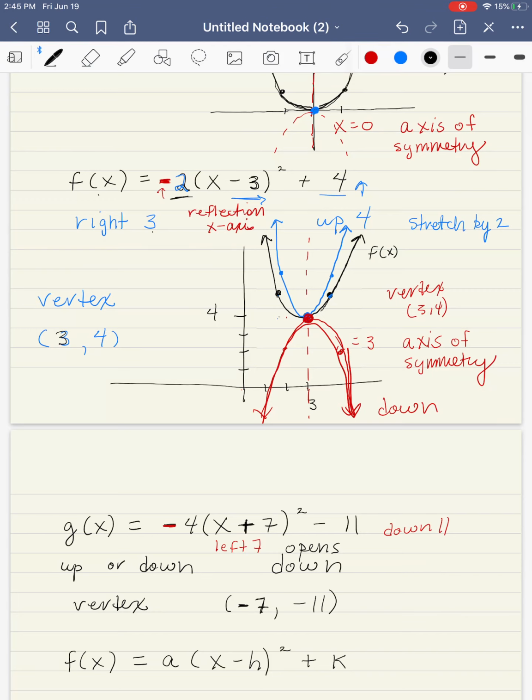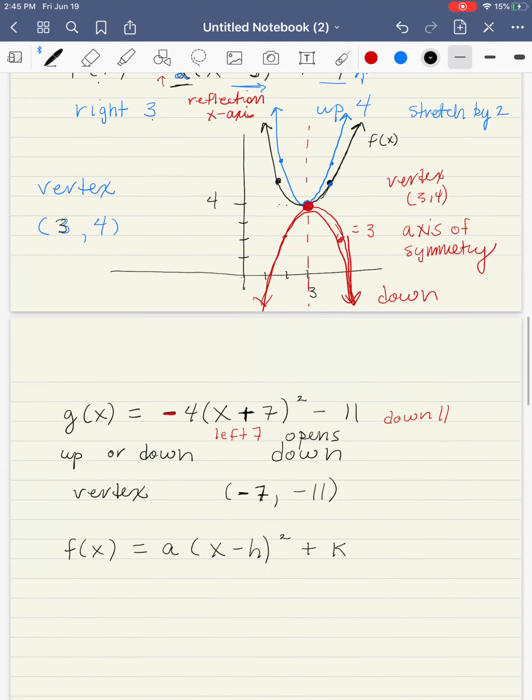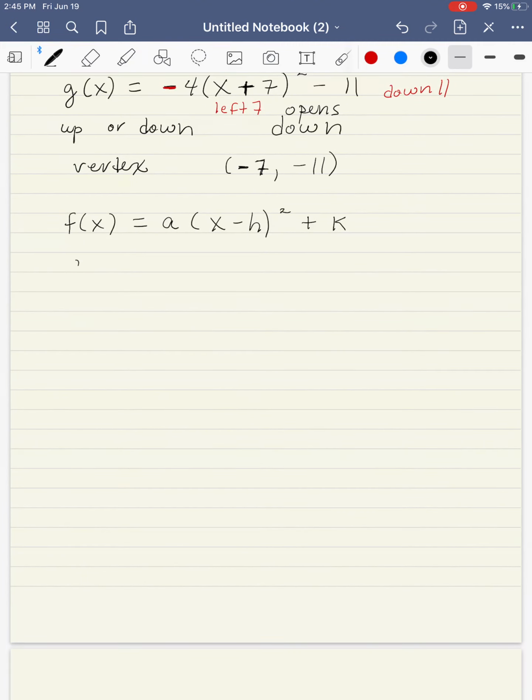And as we saw in our previous examples, when the number out front here, the a, was negative, it opened downwards, and when the a was positive, it opened upwards. So if a is greater than 0, the parabola opens up. Go ahead and leave some space here because we're going to come back and put several more pieces of information. If a is less than 0, it opens down.